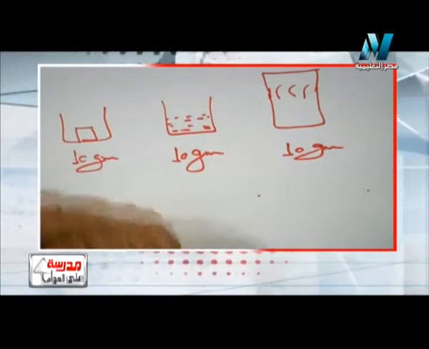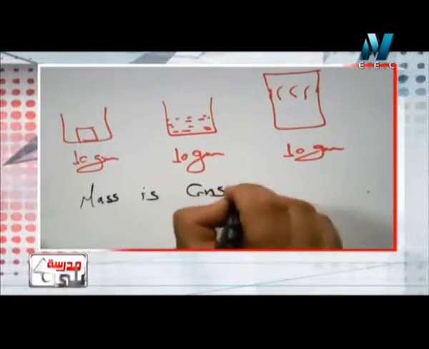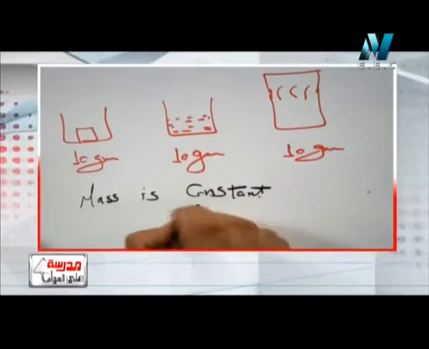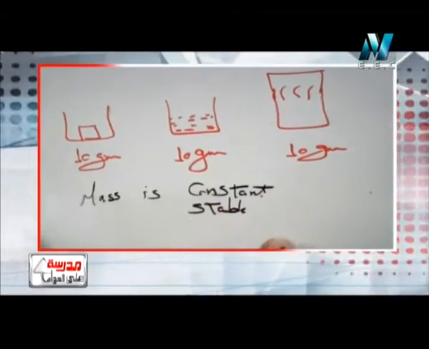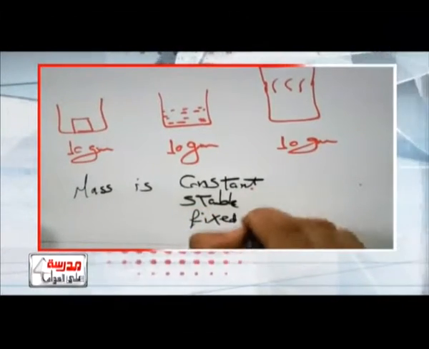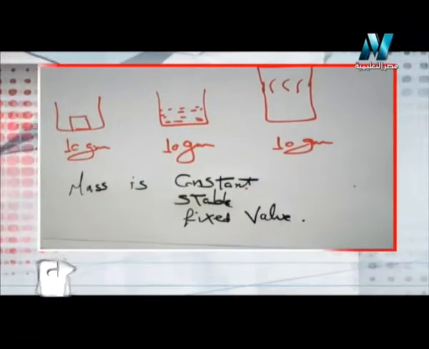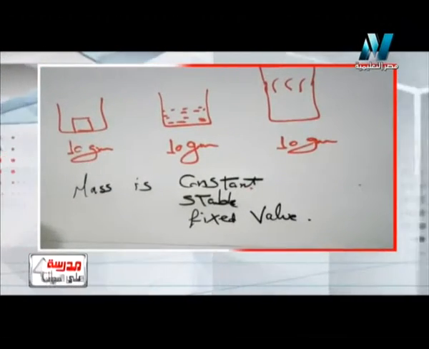So we can say that mass is constant. Constant means stable, or a fixed value; there is more than one word with the same meaning. Mass is a constant, stable, fixed value in any physical state of matter, solid, liquid, or gas.